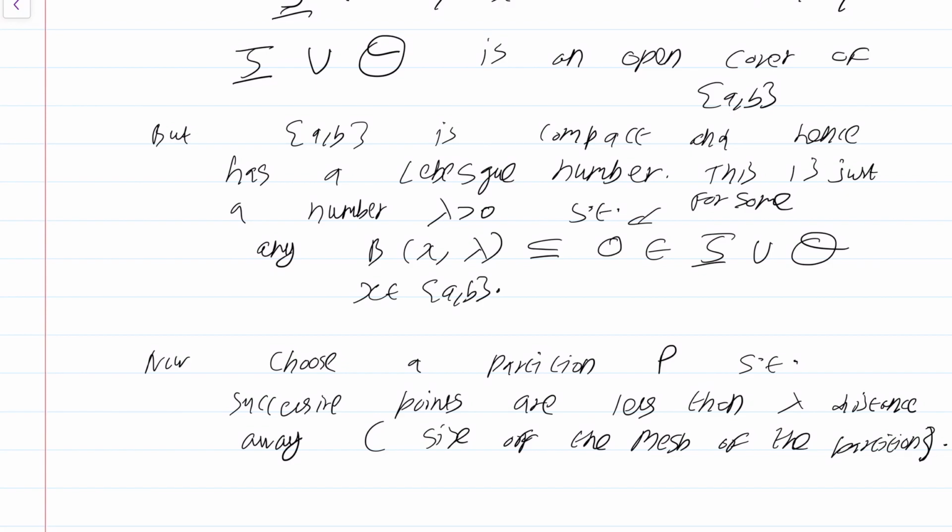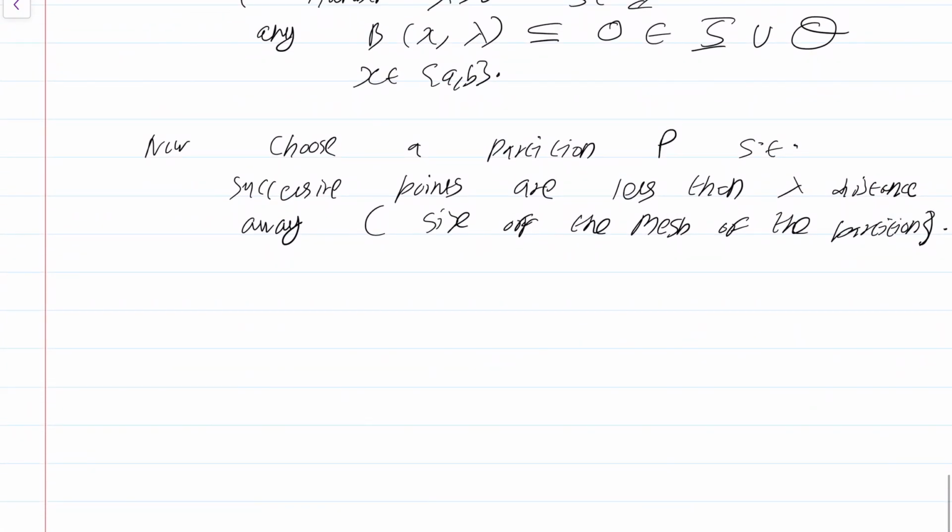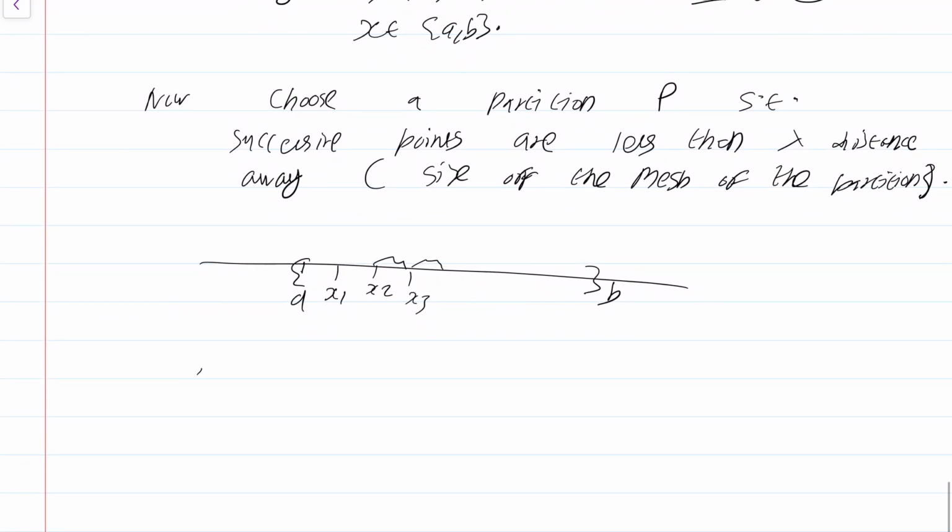It's good to know this technical term, but it's not going to play a huge role other than just being terminology. Okay, so what we are doing is the following. You have this [a,b], you are choosing this partition in such a way that no two successive points are greater than or equal to lambda distance away. They are all less than lambda distance away. Okay, so let I_i be an interval determined by the partition.